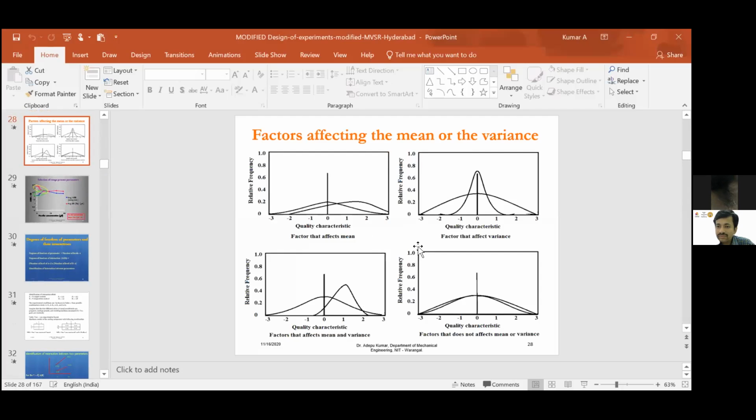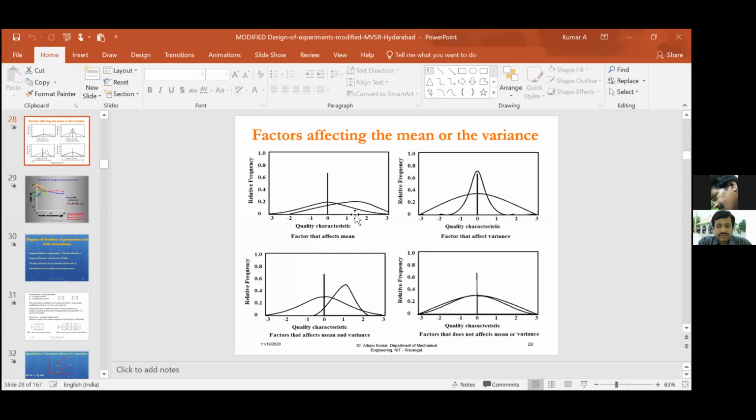I think you know the mean formula: the sum of the numbers divided by the number of values. Sometimes the mean is affected; in this curve the mean is affected. The variation is (x1 minus x bar) squared plus (x2 minus x bar) squared, that variation formula.